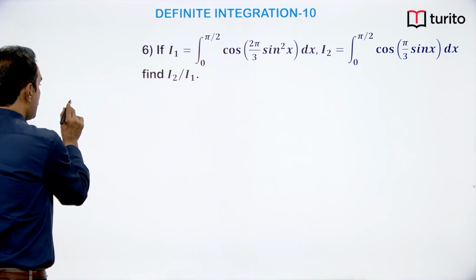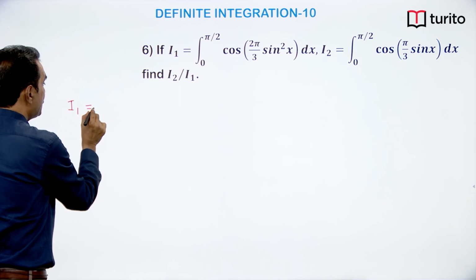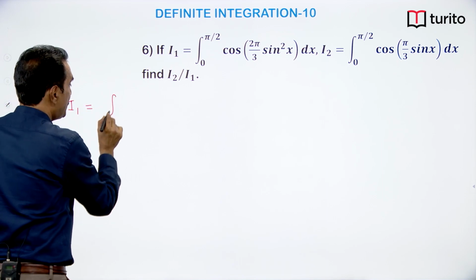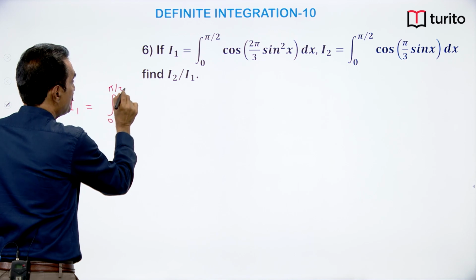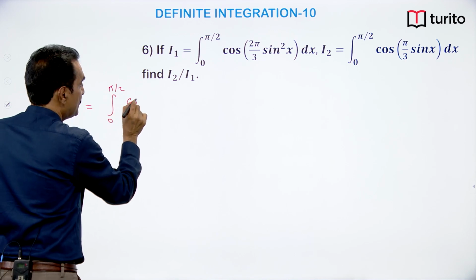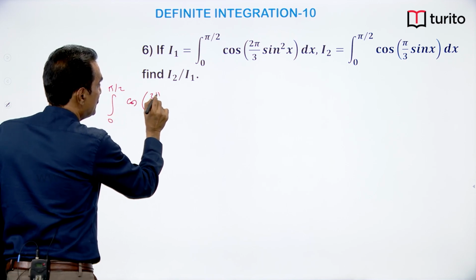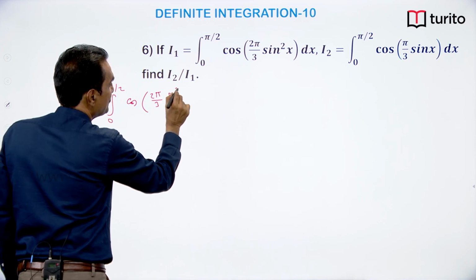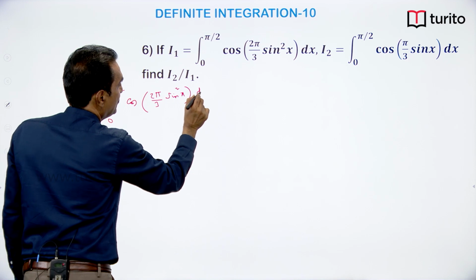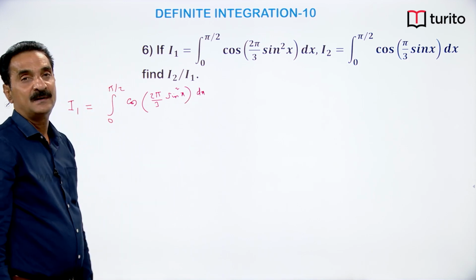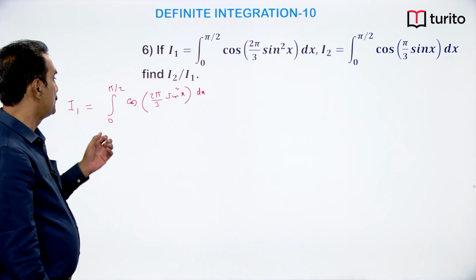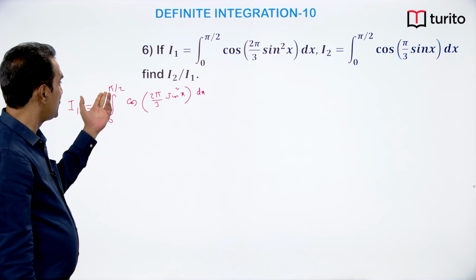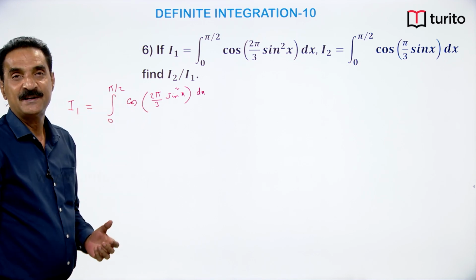I1 is equal to integral 0 to pi by 2 cos 2 pi by 3 sin square x dx. What can you do? Try the property replacing x by pi by 2 minus x.